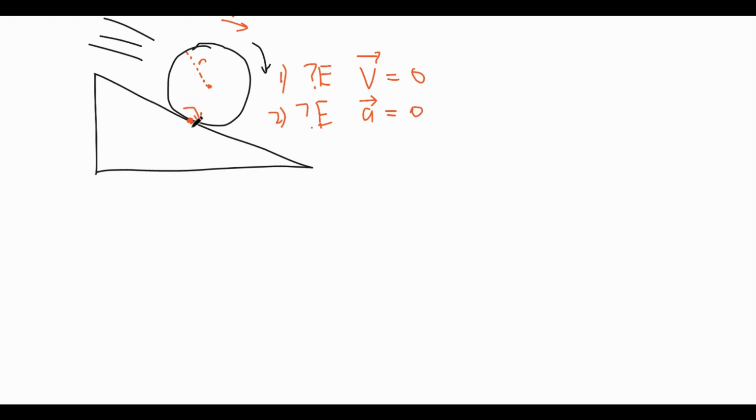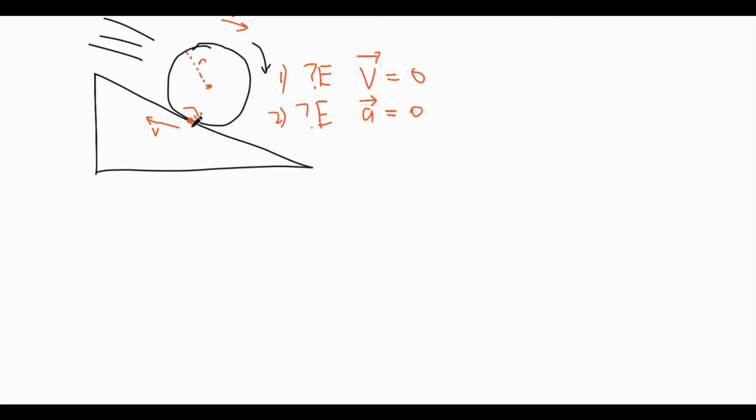Since the disk is rolling without slipping, if we look at the rotation from the perspective of the disk center itself, it looks like the ground is moving backwards at a velocity of v, so that it's rolling the disk with this fixed center. In fact, the disk itself is moving forward with a velocity of v. The ground is rolling this bottom point backward with a velocity of v, so therefore the net velocity is going to be 0 at this point.